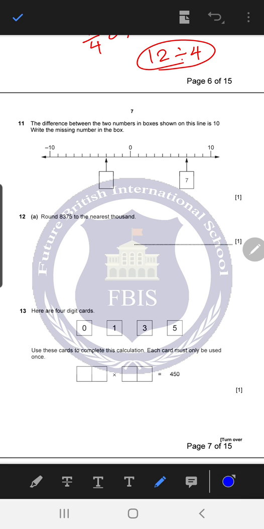Question number 11. The difference between the two numbers in the box is 10. So we will go back until we get to this.